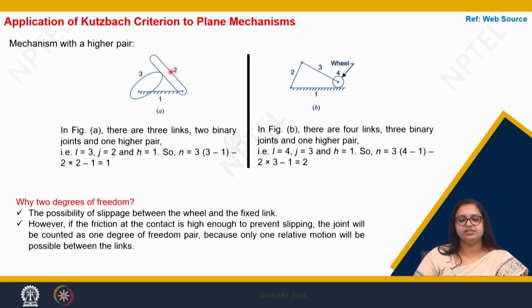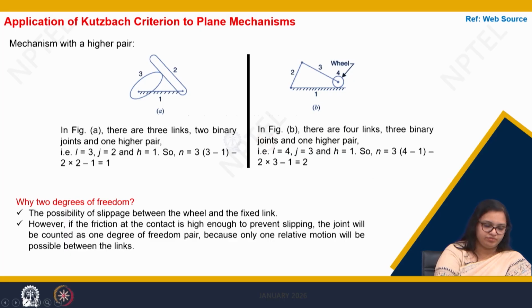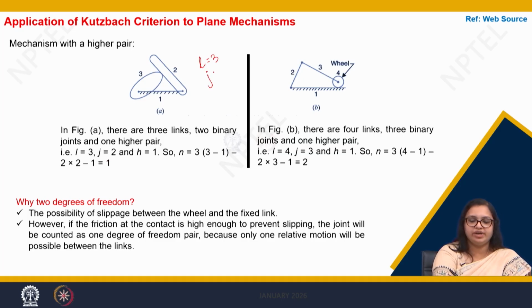So here in this case, how do we find the degrees of freedom? Again, we see here our link is 3, and binary joints are 2. Here we have a binary joint 1 and here is 1, which is 2, and we have one higher pair which is between 2 and 3.